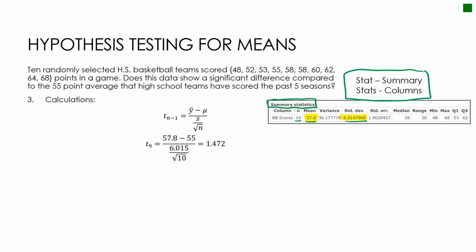My calculation is just kind of like the z-score formula, except in the z-score formula I used different symbols because I was talking about p for proportions. So here I'm saying this is my observed, so notice the 57.8 is going first because that's observed. The 55 is what I expected, and that's mu.